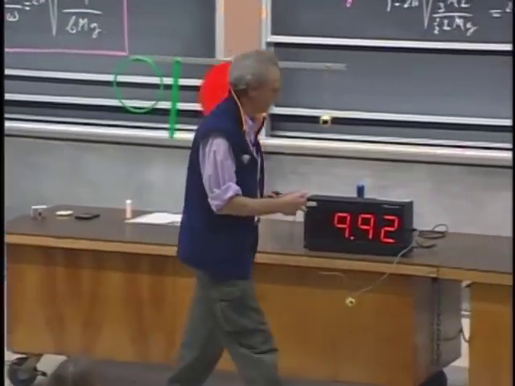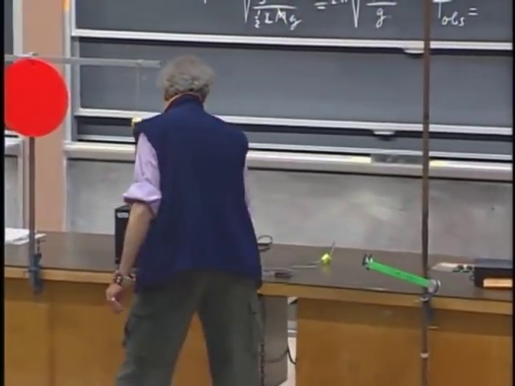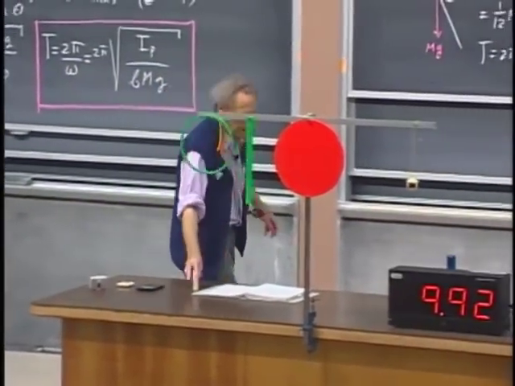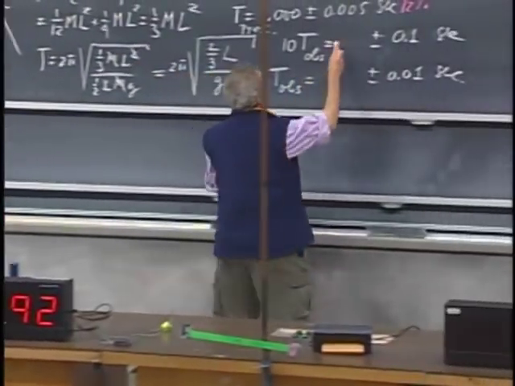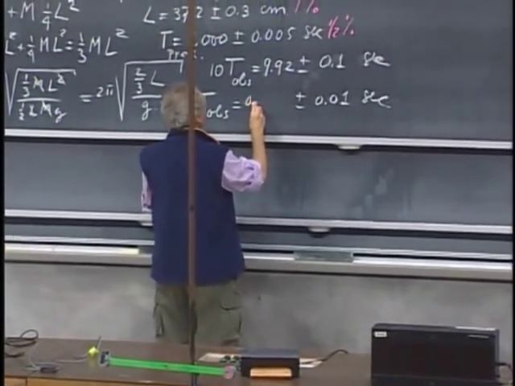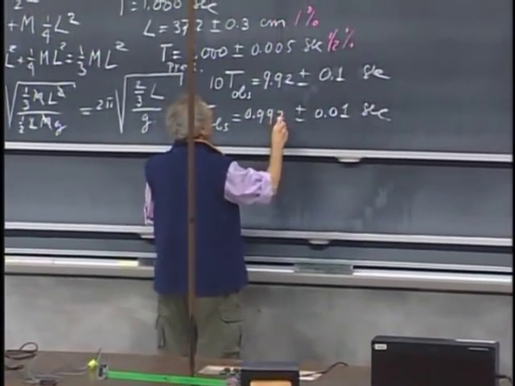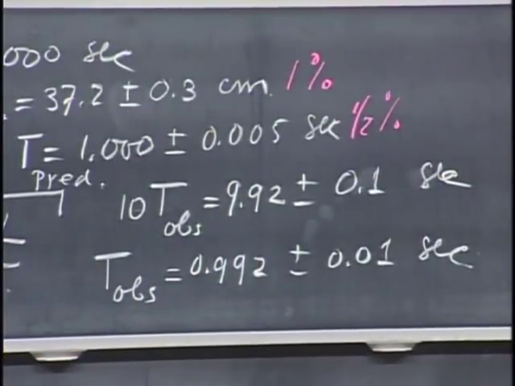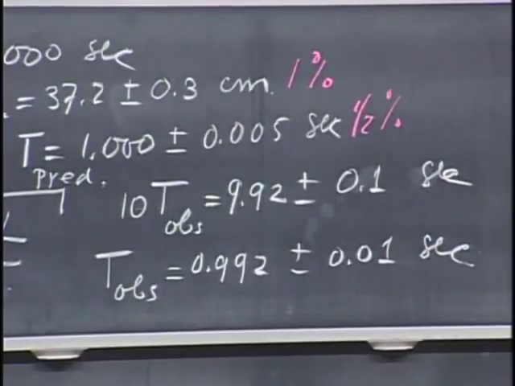Not bad. 9.92, well within the prediction. 9.92. And so this becomes 0.992 plus or minus 0.01, and you see that is well within the prediction that I made.